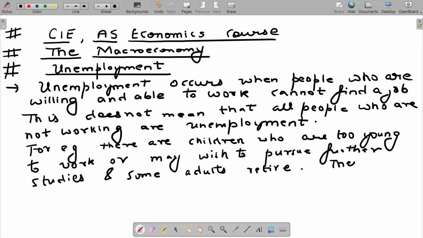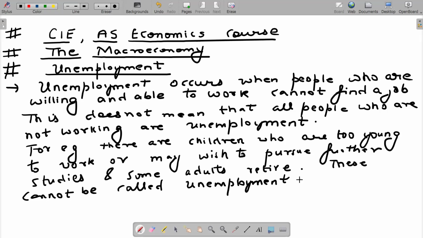These cannot be called unemployed because they are not looking for work. They are willingly deciding not to work. So someone who is willingly deciding not to work cannot be called unemployed.